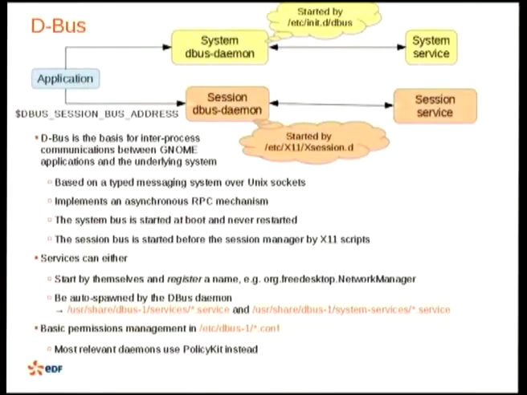So first, plumbing, the most basic plumbing, and the one which is used by basically every single application in GNOME now, is dbus. What is dbus? Dbus, at the base, is a messaging system, a typed messaging system.